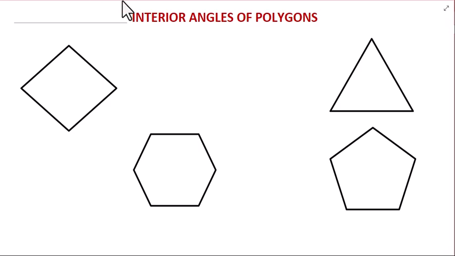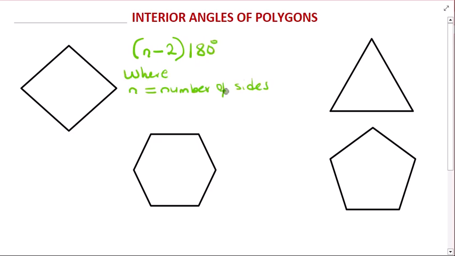Okay, so the sum of interior angles of a polygon is equal to what? It's equal to 180 degrees multiplied by n minus 2. So let's put that down: (n minus 2) brackets 180 degrees, where n is equal to what? The number of sides of the plane shape or plane figure. So you can see this particular plane shape has 1, 2, 3, 4 sides.